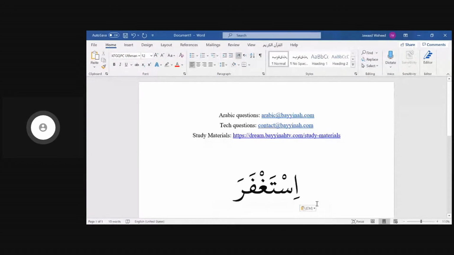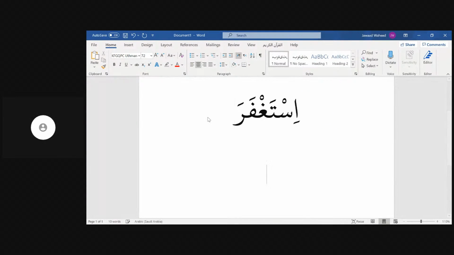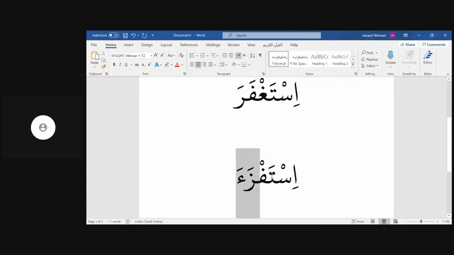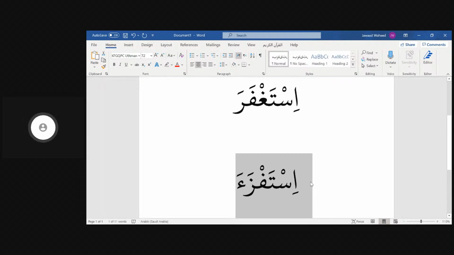Okay, so this is what I was typing. Hopefully you guys can see this now. If I'm given the word istaghfara, and then I come across the word istafza'a, and I go through the process of elimination, I try to match it up with all of the different families, eventually you'll reach the conclusion that it matches with istaghfara because the first three letters match completely, and then for the last three letters, the vowels match. It's just the letters are different.